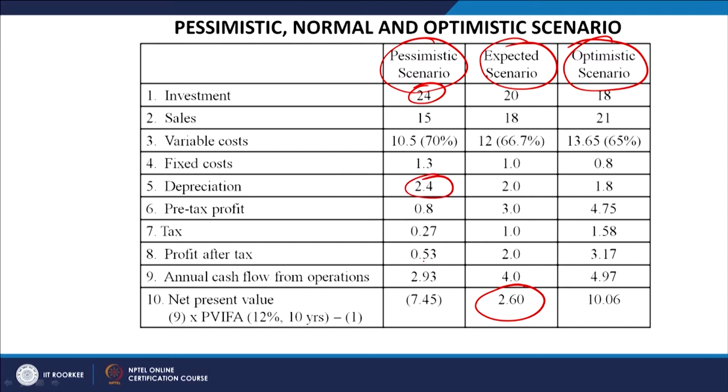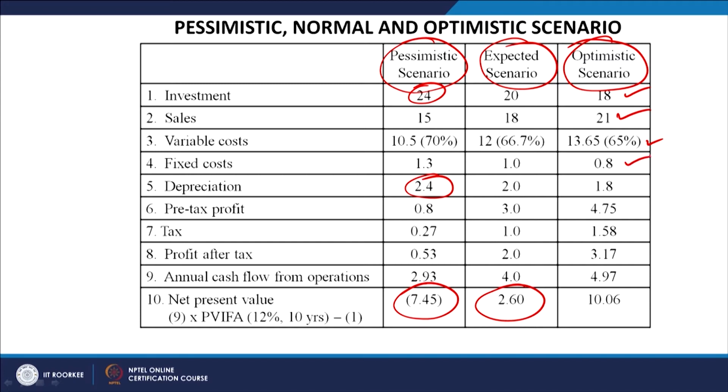So, it means we are changing all the variables as compared to the most likely scenario, and we see that the NPV has now become seriously negative, highly negative, because we have changed all the variables. Similarly, for creating the optimistic scenario, we have lowered the investment, increased the sales, and lowered the variable cost from 67% to 65%.